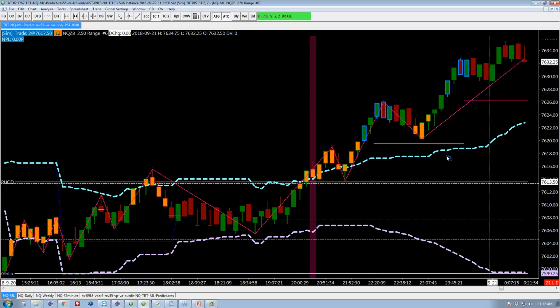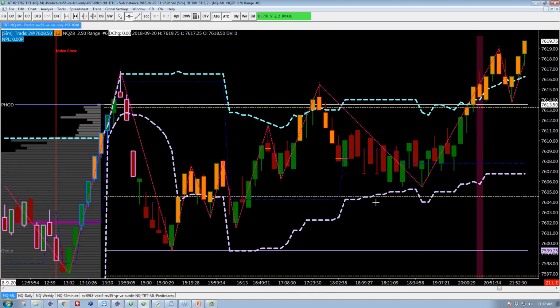So what happens now is I'm going to get a prediction right there. I'm also going to get a normal prediction right there. Typically, this second prediction we would consider too risky, so we're going to have to talk about that later. But right now, I want to recognize that I'm bouncing off this low volume node, and give me a prediction right there. I'm still looking for the other example I want to show you.